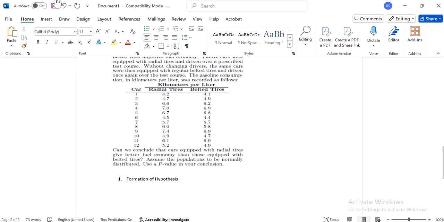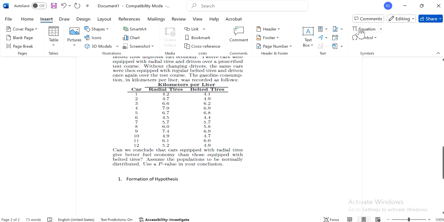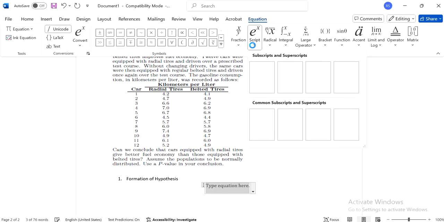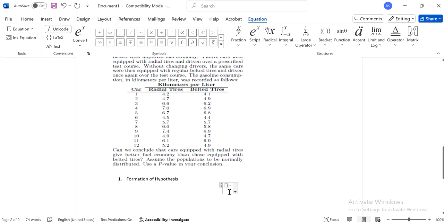We will make two hypotheses, H0 and H1. H0 equals, assume the cars equipped with belted tires.